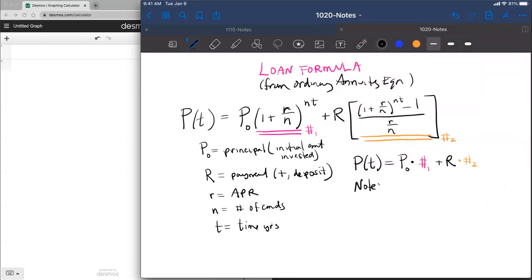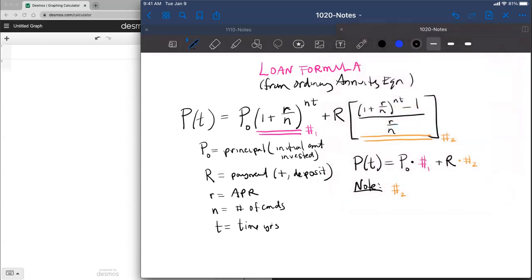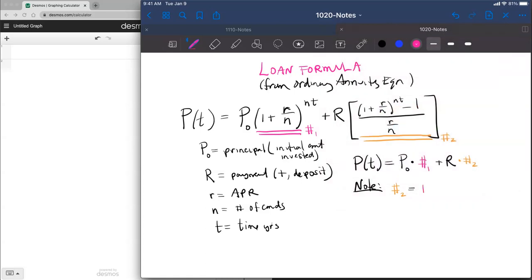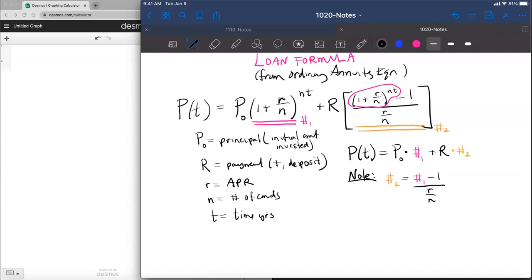Note that number 2, that equation that's underlined twice, is also equal to number 1 minus 1 divided by r over n. So that's this formula explained as an annuity problem.